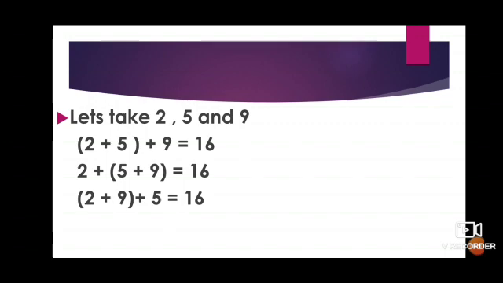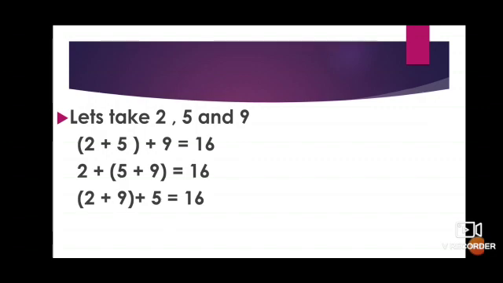First we will add 2 plus 5. 2 plus 5, 7. 7 plus 9 gives you what? Yes, add and find, children. 2 plus 5, 7. 7 plus 9 gives you 16.